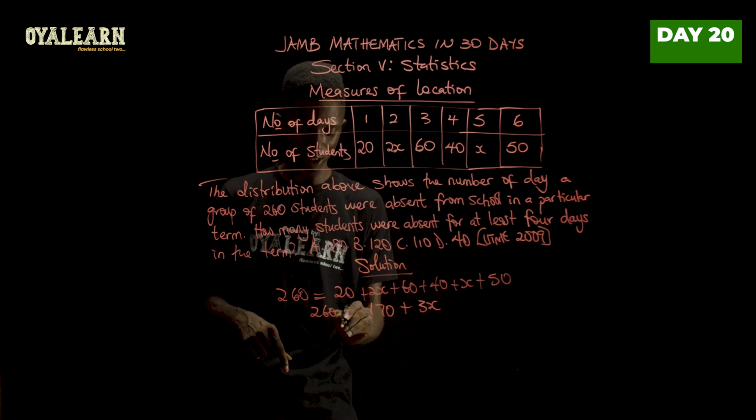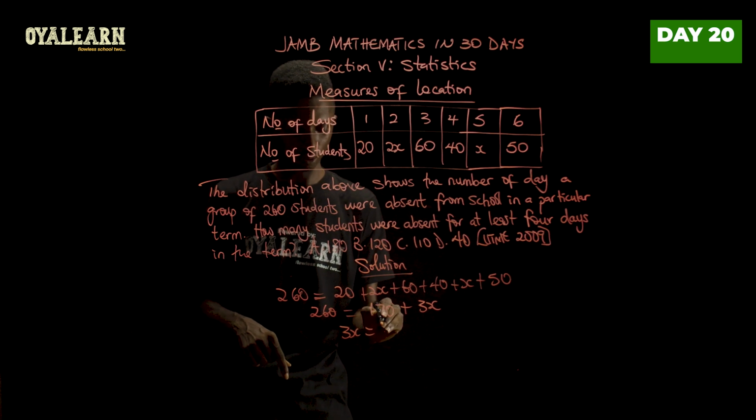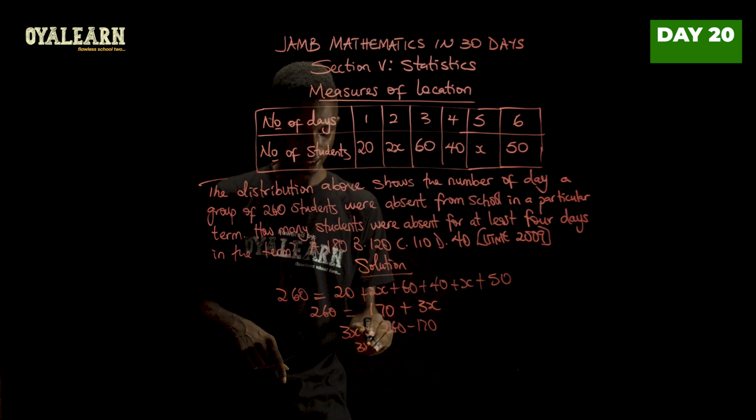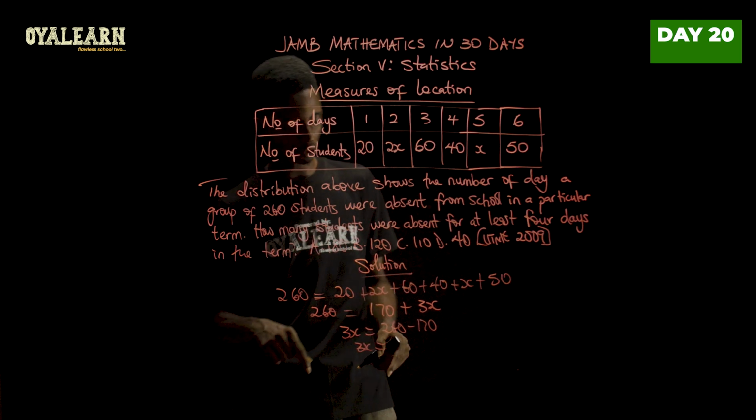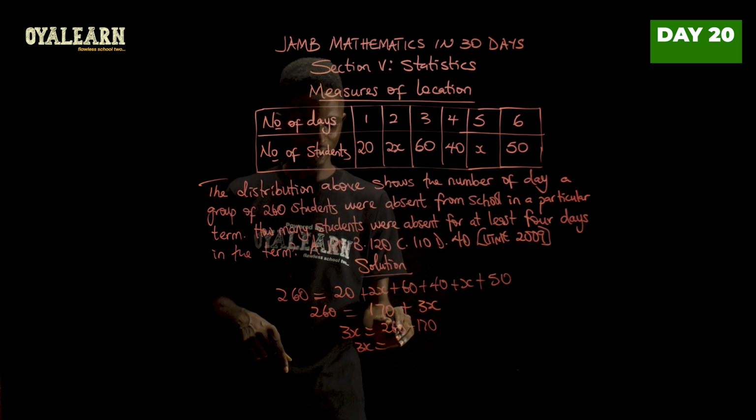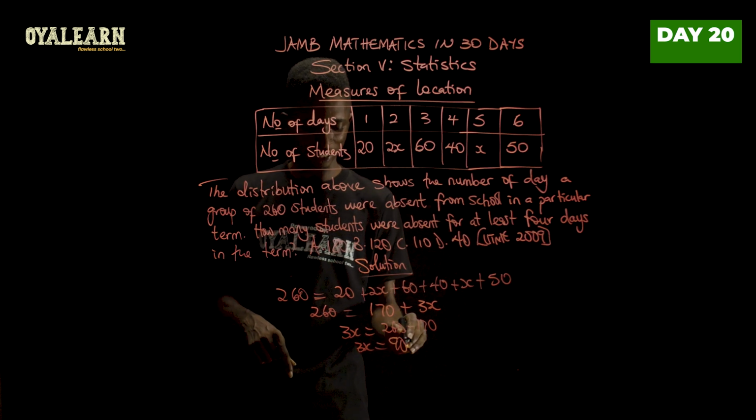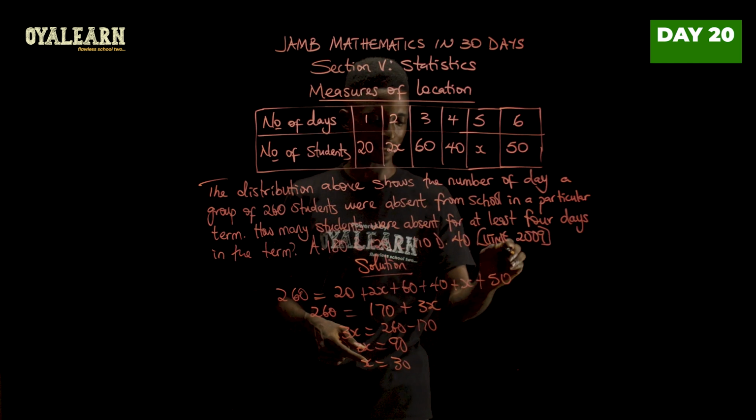So if we make 3x the subject here, 3x becomes 260 minus 170. Now when we subtract this, we're going to have 90, which implies that x equals 90 divided by 3, and that is 30. So we have x is 30.